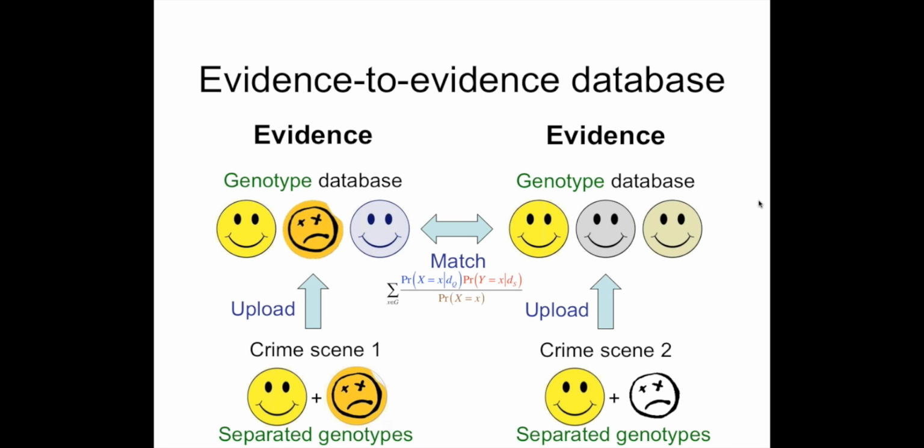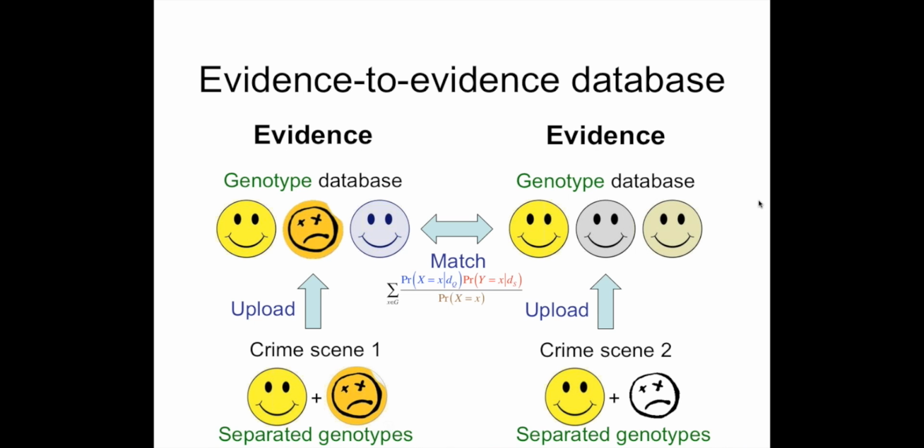As a result, there are all kinds of databases that can be developed. For example, here I've replaced the right side of the picture with an evidence database, possibly the same as the one before, and now we're comparing crime scene genotypes that have been separated, shown on the bottom left, with separated genotypes from a second crime scene.